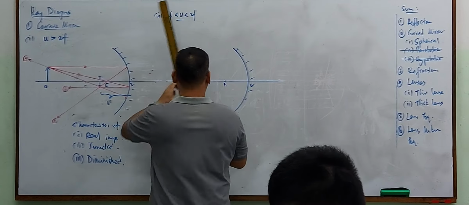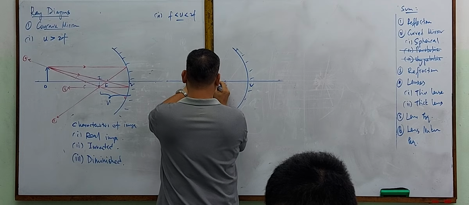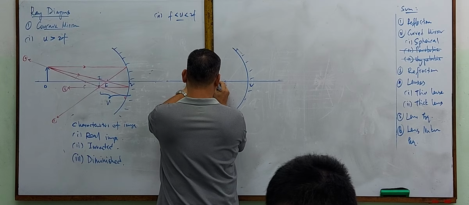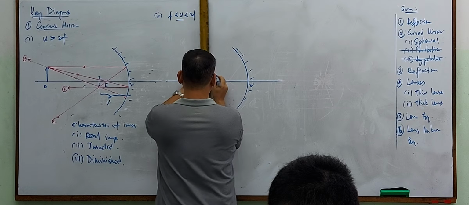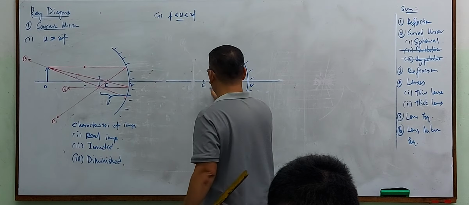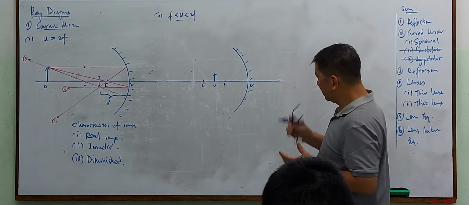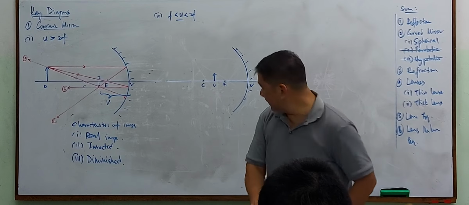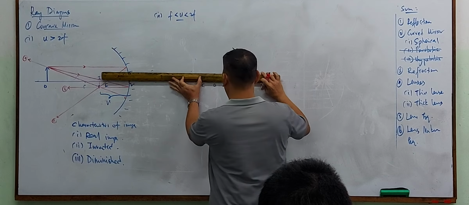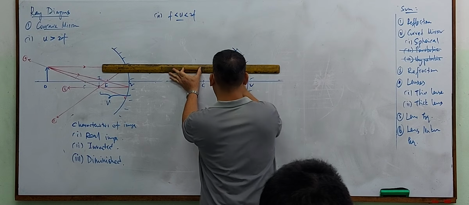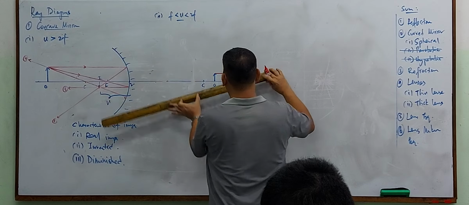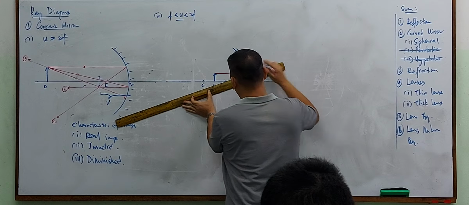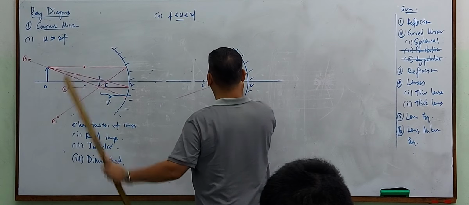FC, there's a B. Now the object we put it here. Now we are careful. We make the object small, so that we don't meet the problem like we had with the blurring image just now. Now the parallel line goes to the mirror and is reflected through the focus point.